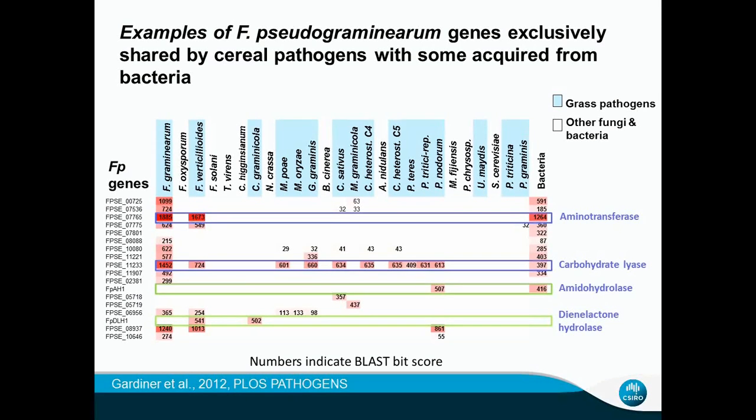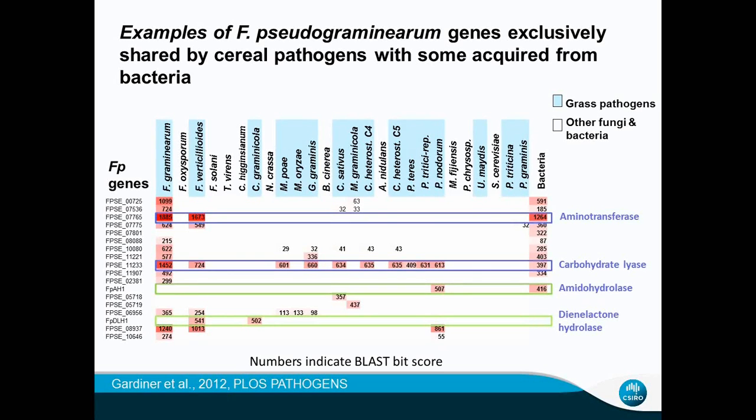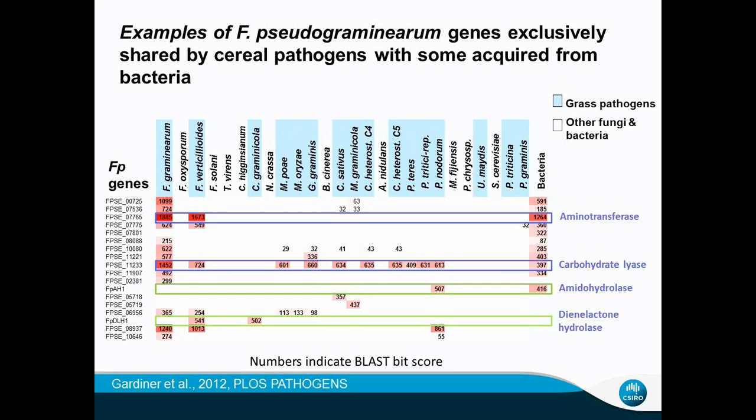This is an example. It's quite complicated, but these are Fusarium pseudograminearum genes, and these are a number of other fungal pathogens. The ones in blue are grass pathogens, and then there are some other pathogens that don't infect cereals.